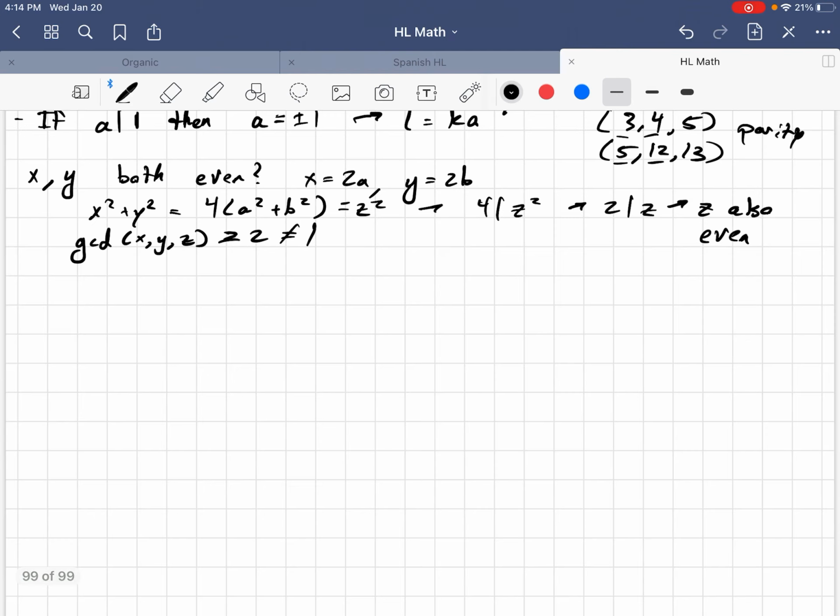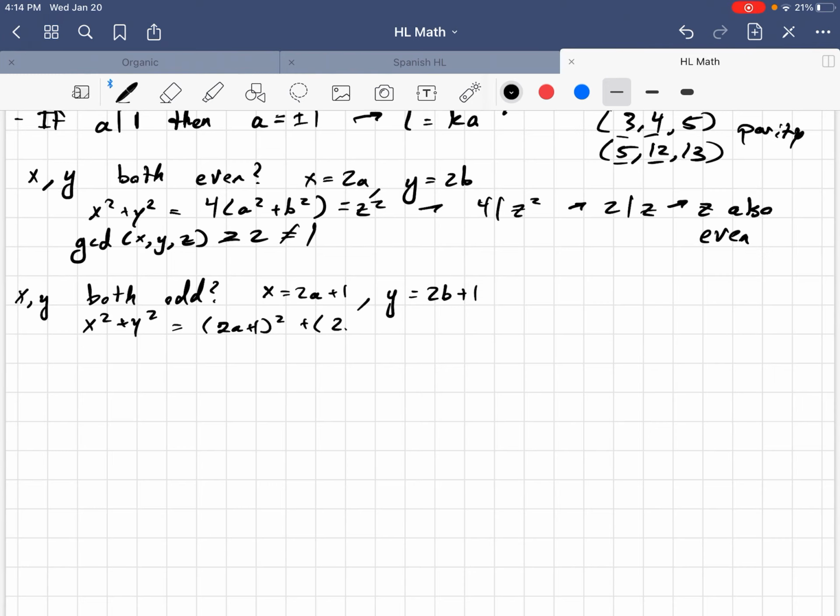Now the accompanying question then is, X and Y, can they both be odd? Naturally. So let's see, you're probably thinking no, and you would be right. So if they're both odd, then X is equal to, say, 2A plus 1, where A is another integer, and Y is equal to 2B plus 1 for another integer B. And so X squared plus Y squared is (2A plus 1) squared plus (2B plus 1) squared.